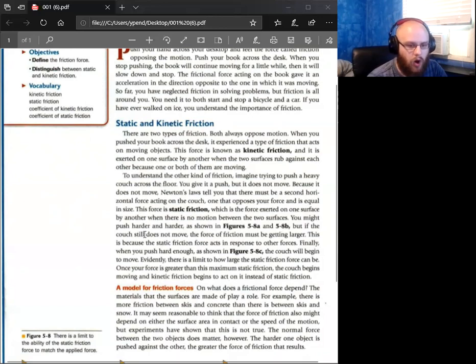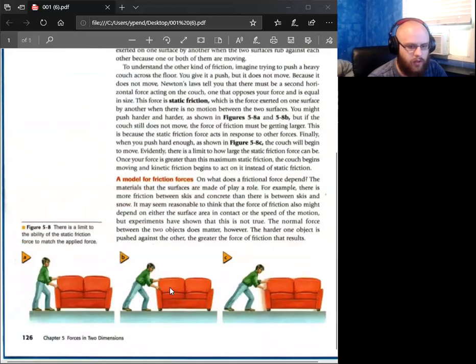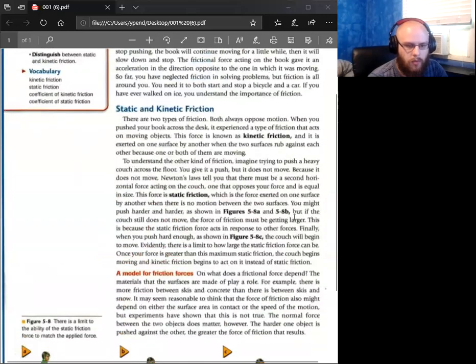You might push harder and harder as shown in figures 5-A and 5-B, which is here and here. Man lightly pushing the couch, it looks like, and then more forcefully pushing the couch, but the couch still hasn't moved. But if the couch still does not move, the force of friction must be getting larger.